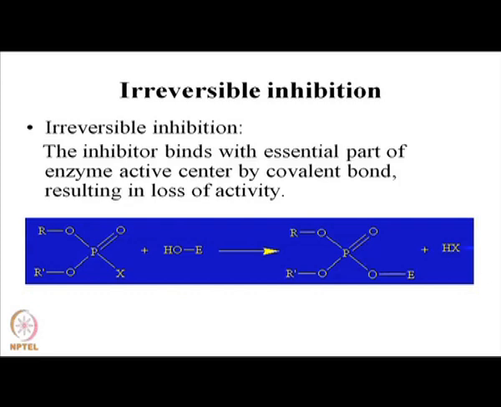This is called irreversible inhibition. It is not in a reversible fashion. The backward reaction is impossible, or even if it happens to an infinitesimally small extent, that is practically not of any significance. So this is basically a schematic representation of irreversible inhibition.